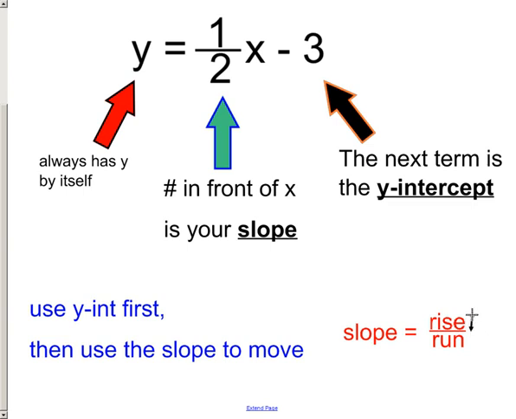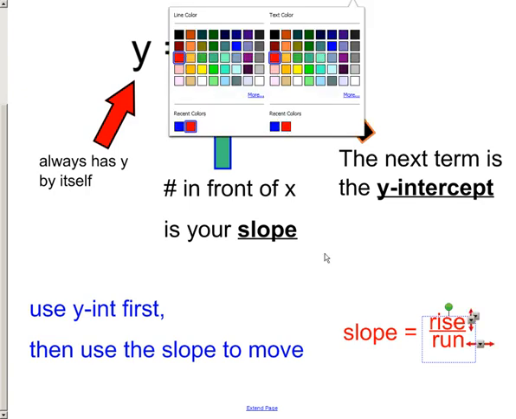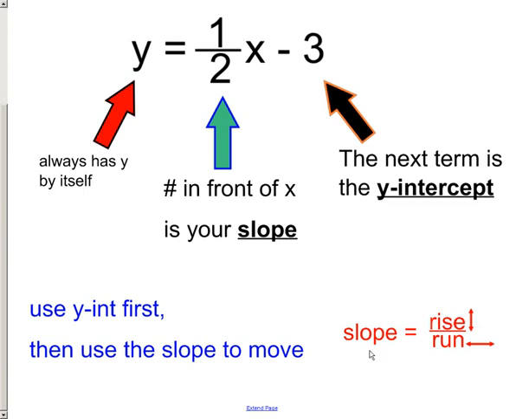The rise would be your up and down movement, and the run is your left and right movement. Go ahead and put those arrows in there too, and I'll make those red while I'm here. Okay, so you're completely done with notes.